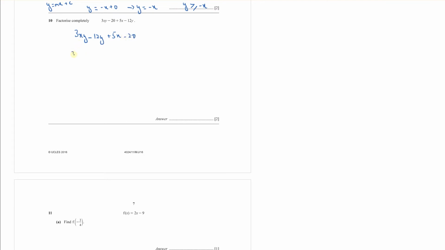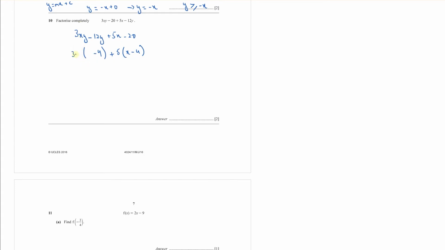Now I can take 3x as common from these two, and then I get y, and then I get minus 4, and then I can take 5 common, which is a factor of both 5 and 20. So 5, and then I'll get x minus 4 in the bracket. Oh, sorry, I have to take 3y common here. Let me just erase this and write it properly.